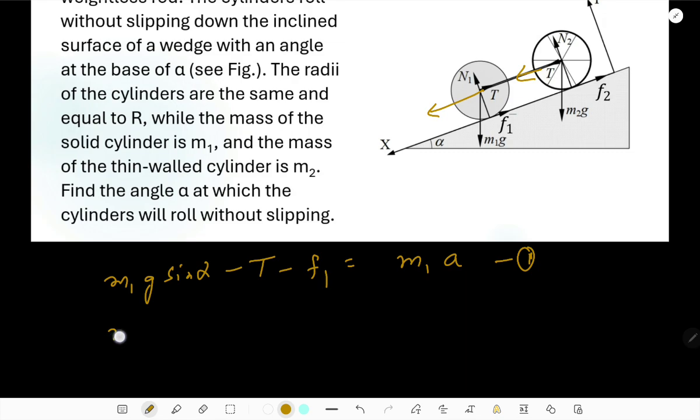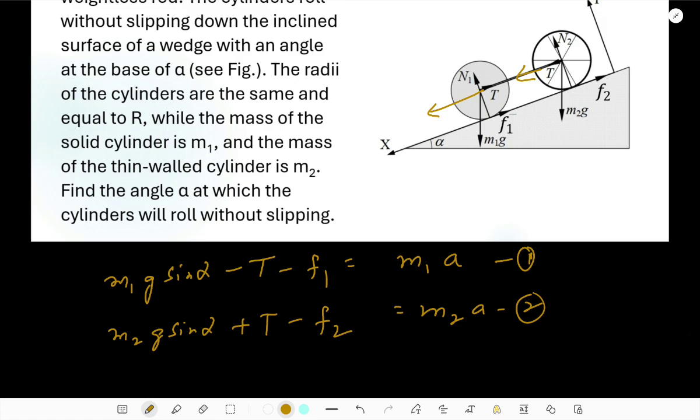Then tension is acting in this direction, so I'll give it a plus sign, and friction in the opposite direction, that is F2, and that will be the mass M2 times the acceleration of the hollow cylinder. And that's okay, both will have the same acceleration.